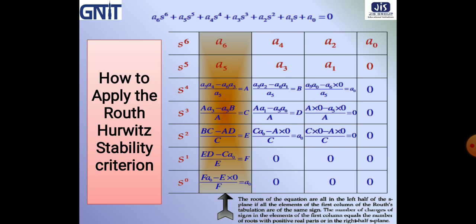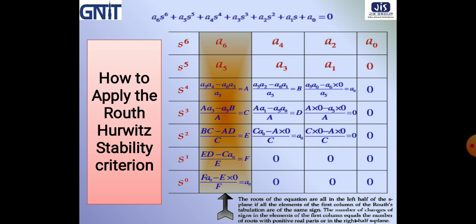If all the elements of the first column are of the same sign, all positive or all negative, then the system is stable. If there is a sign change, from positive to negative or negative to positive, then the system becomes unstable.